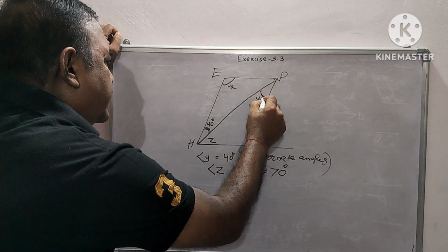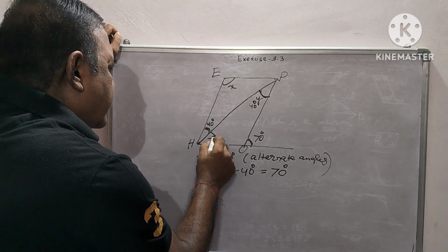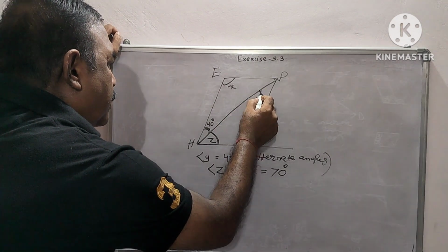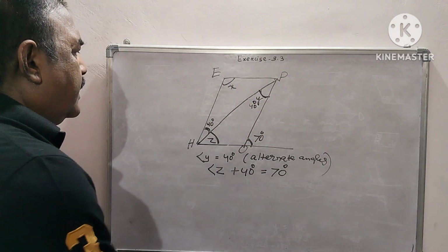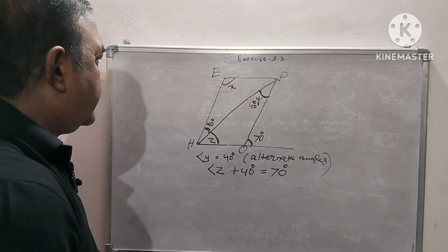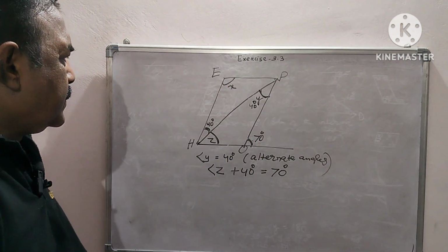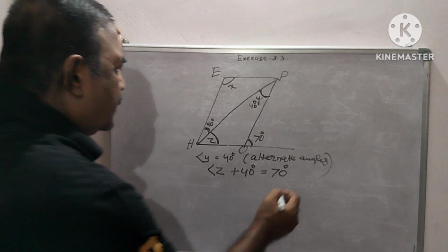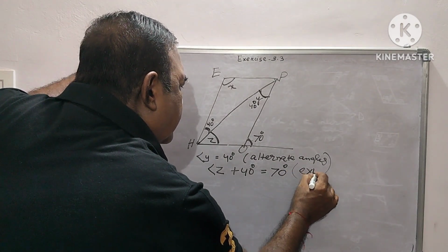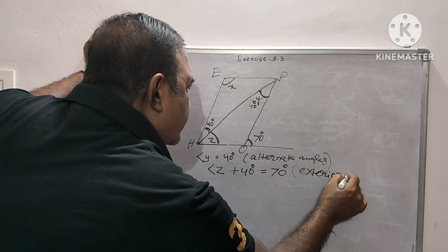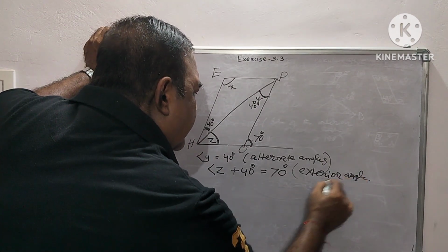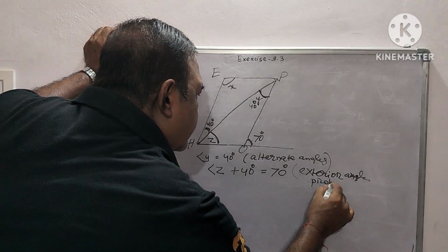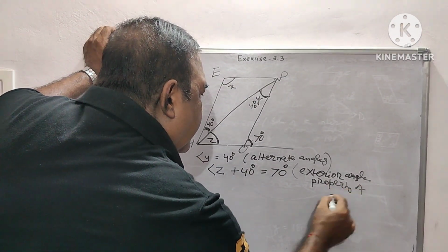So these two, this one and this one, are the interior opposite angles of this angle 70 degree. So this is the exterior angle property. You will have to mention here the exterior angle property of a triangle.